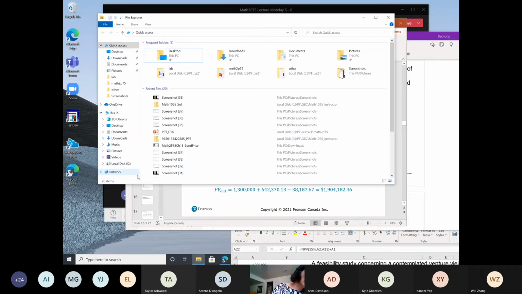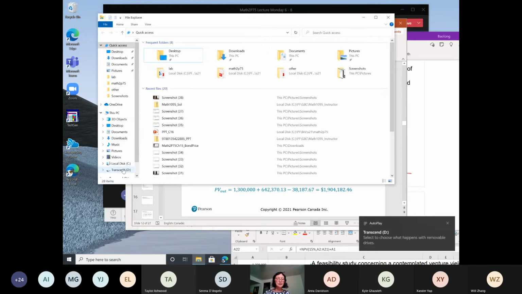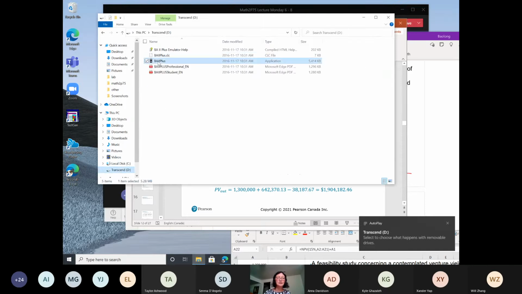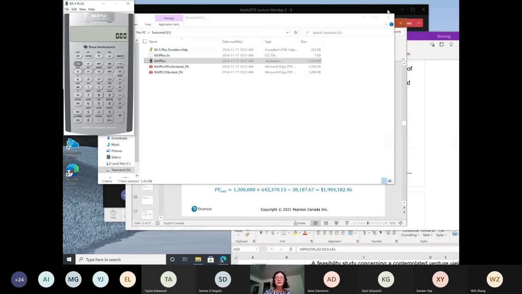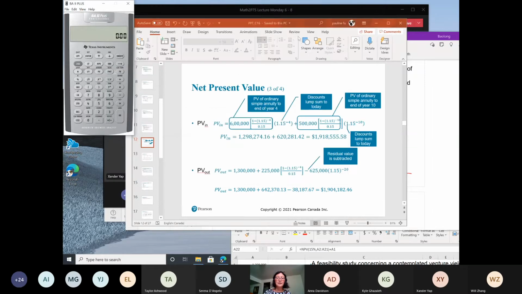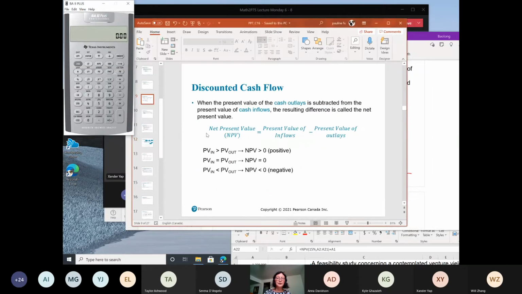Try to plug in my USB stick for the calculator. Right. All right, so the same question here. Oops.